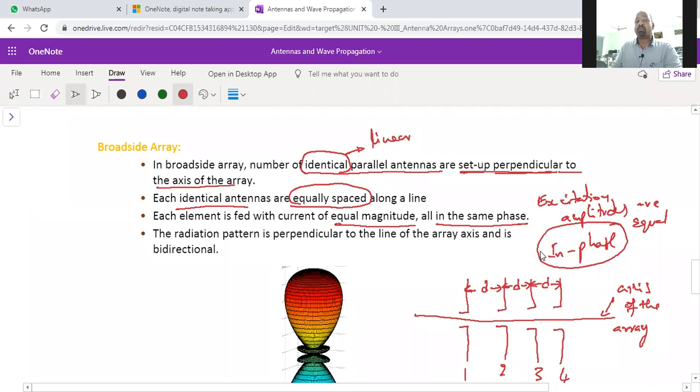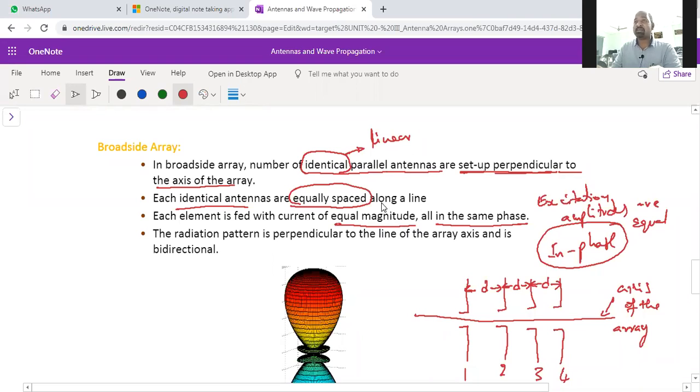So equal amplitude and in-phase currents, and that is the arrangement in broadside array. So, first, all parallel antennas are set up perpendicular to the axis of the array. Second, equal spacing between the elements, and excitation amplitudes are equal and in phase.